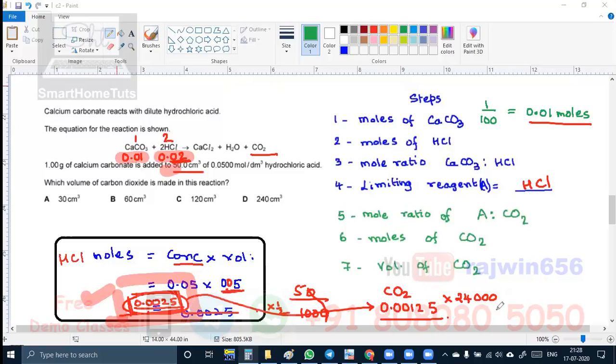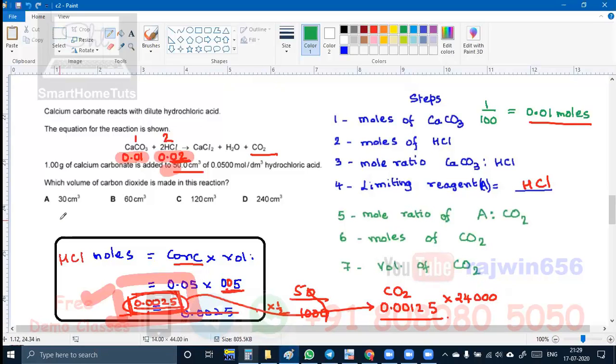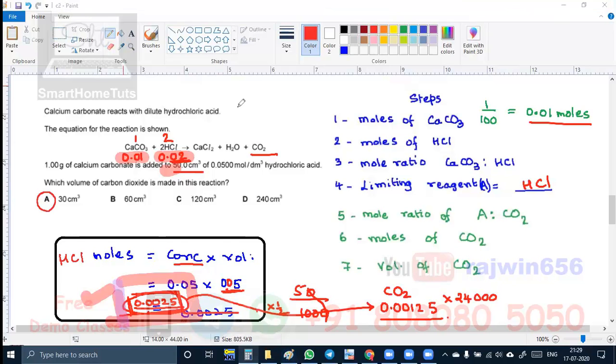So I'm going to multiply this value. How many moles of CO2 are there? Half, right? Half of the limiting reagent. This is your limiting reagent. HCl is your limiting reagent, its moles is this.